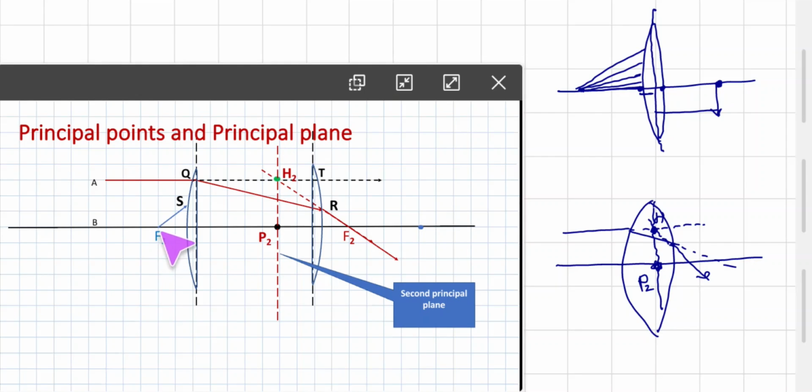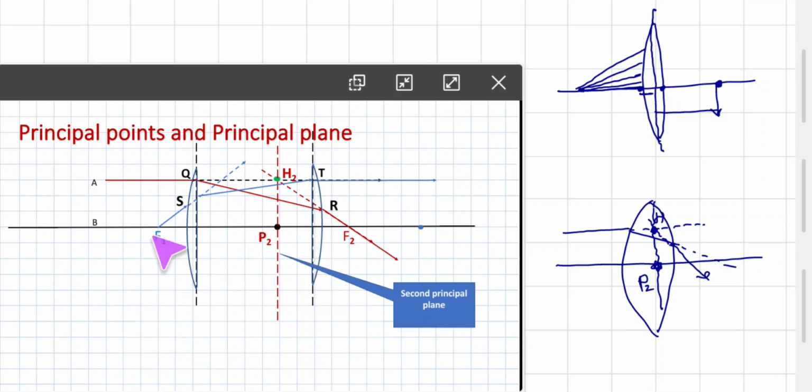Similarly, when a ray is emerging from F1 and reaches the first surface, instead of going straight, it refracts. Once it refracts, it will reach this point, and at that point, instead of going straight, it will go parallel.